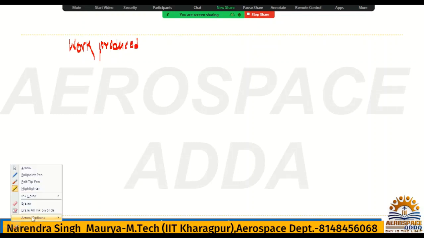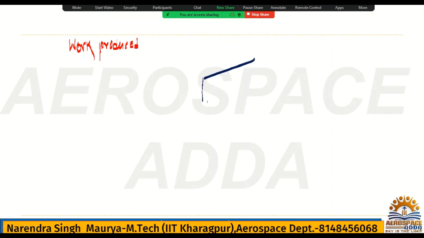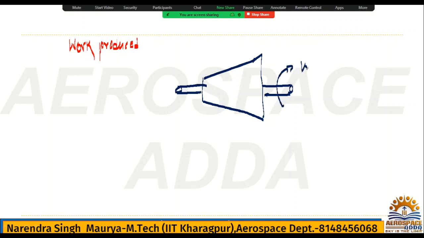Okay, so here, because it's an expansion device as well, it tries to expand the flow, and it is producing the work also. See, this station is station 3 and this station is station 4.